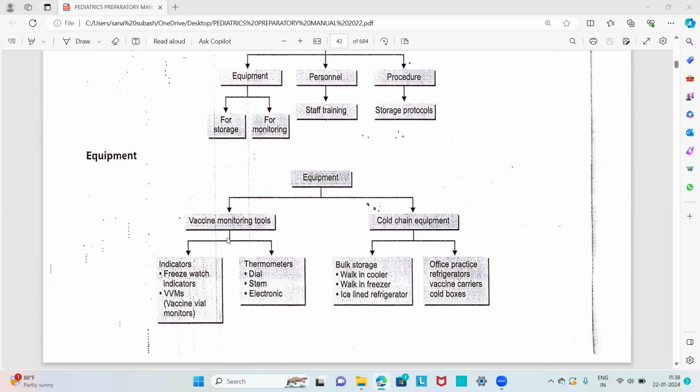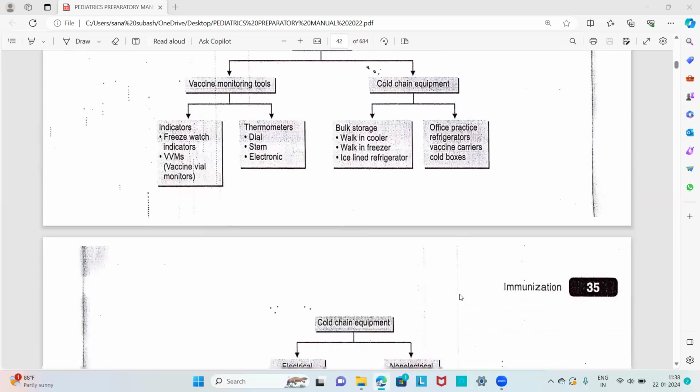In the vaccine monitoring tools, we have indicators like freeze watch indicators and vaccine vial monitors, and thermometers like dial, stem, and electronic thermometers. Then the cold chain equipment includes bulk storage, walk-in cooler, walk-in freezer, ice-lined refrigerator, office practice refrigerators, vaccine carriers, and cold boxes.